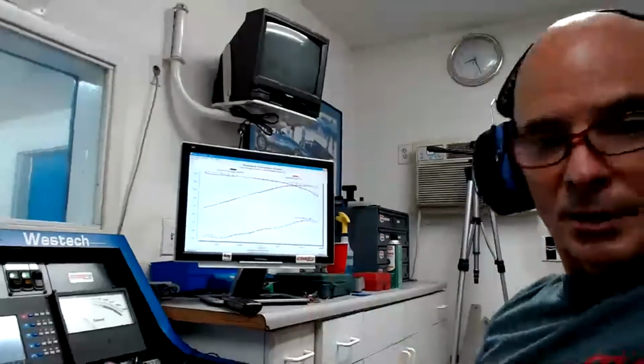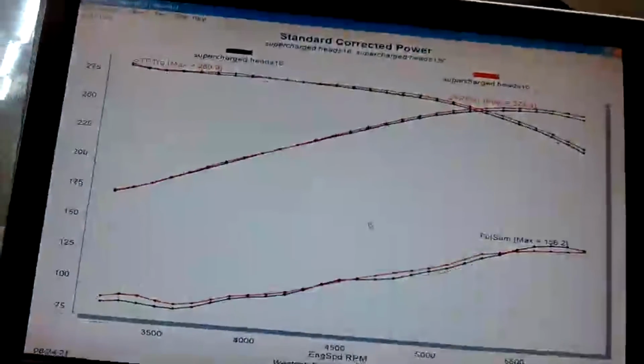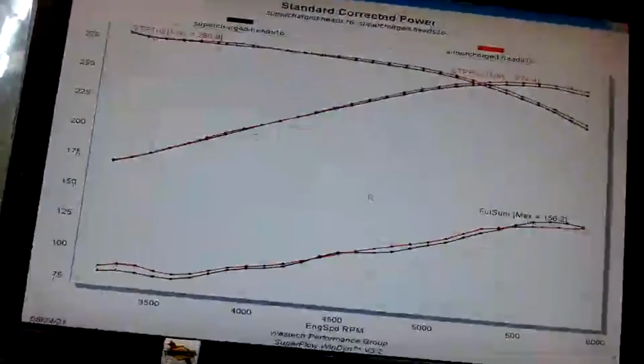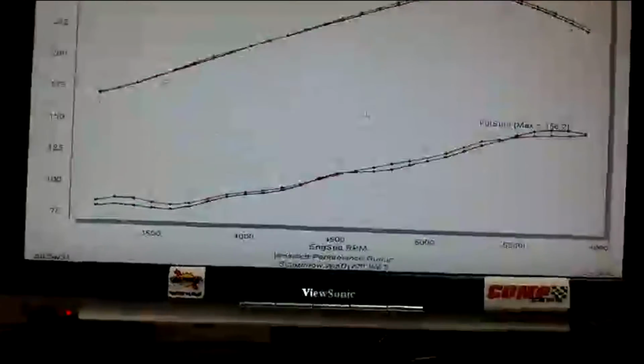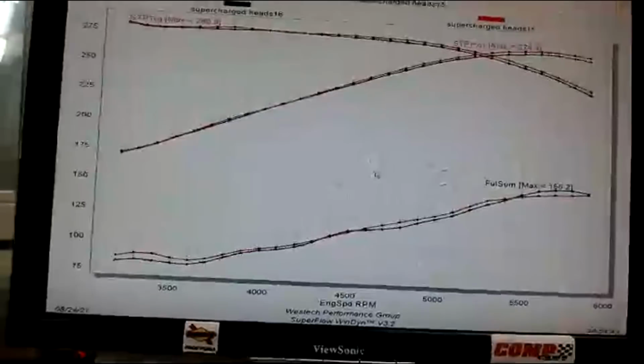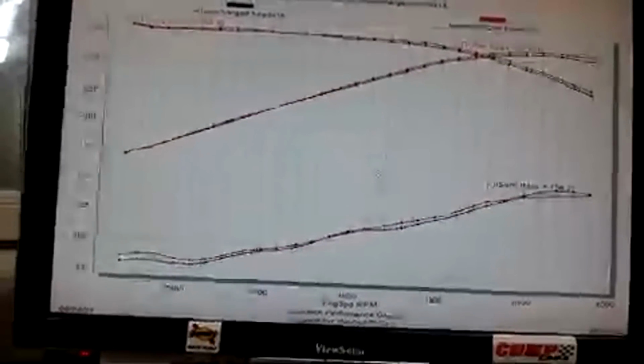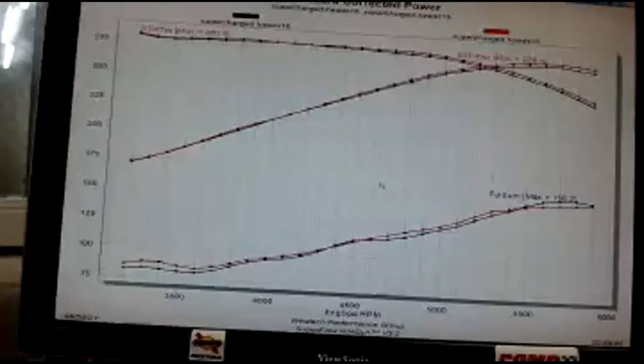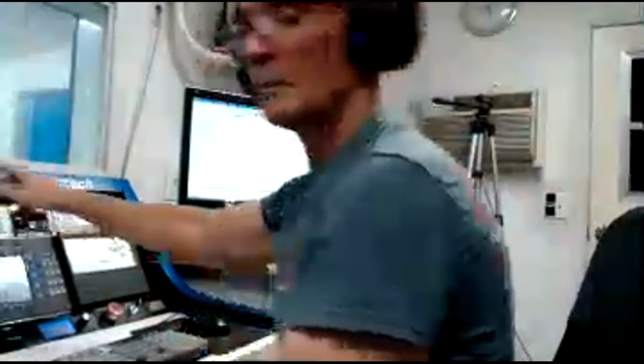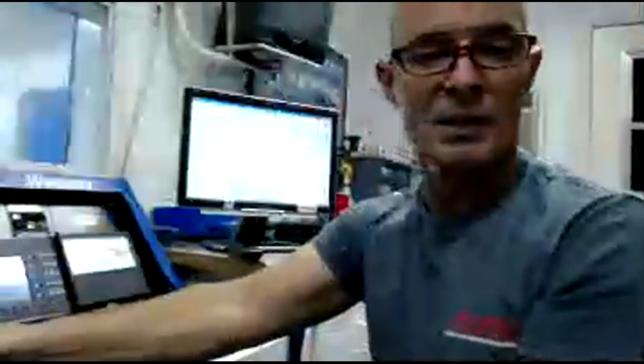Maybe you guys can see a little bit closer there. So now I don't know what's worse, not having the boost or having the boost and not having the power.